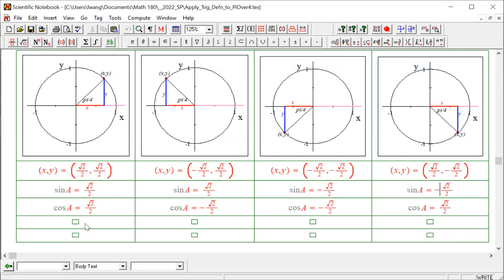And then we can determine tangent. Tangent of any angle that terminates on the same terminal is going to be 1. Tangent of any angle that terminates on this quadrant is going to be -1.